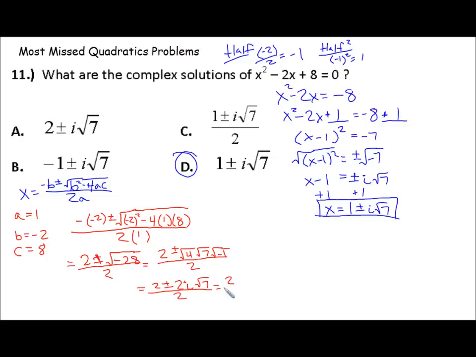So this becomes 2 over 2 plus or minus 2i root 7 over 2. You split it up into 2 fractions that have the same denominator, but the numerator becomes split. And then you can simplify. 2 over 2 is positive 1, plus or minus, and then these two 2's will cancel out. So you get 1 plus or minus i root 7.